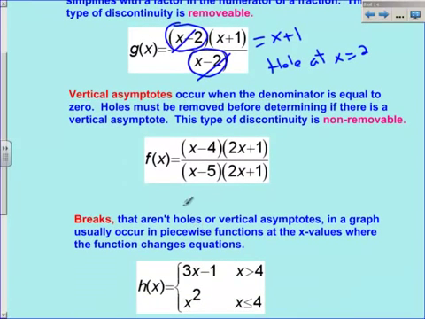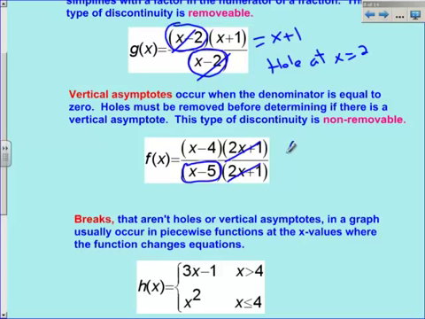Now, vertical asymptotes happen when, in factored form, and after you take out anything that's removable, you still have something in the bottom that makes the denominator equal to 0, and it does not cancel anymore. So here, I would remove that discontinuity at 2x plus 1, because that's just a removable discontinuity.